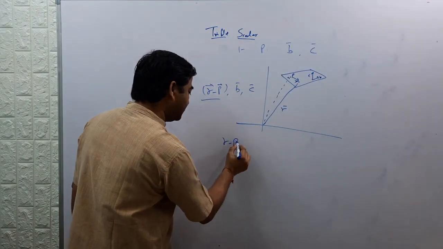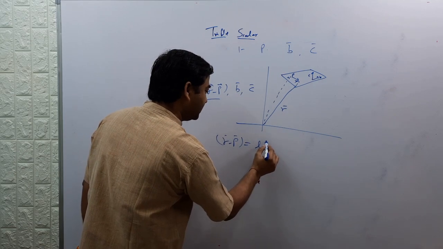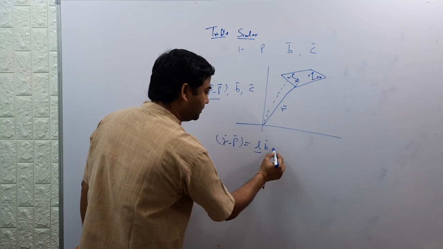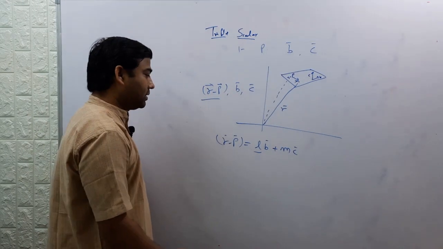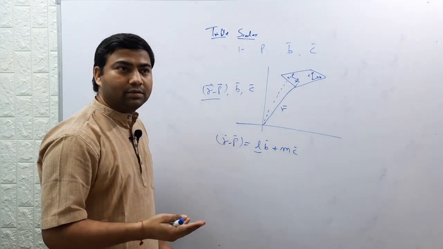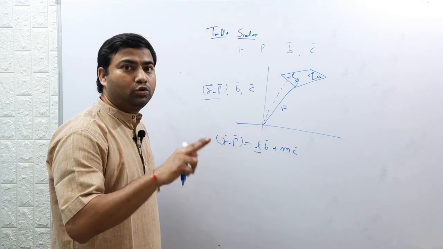Vector r minus vector P is equal to L times vector B plus M times vector C, where L and M are coefficients. Any given vector can be represented in terms of two given vectors.